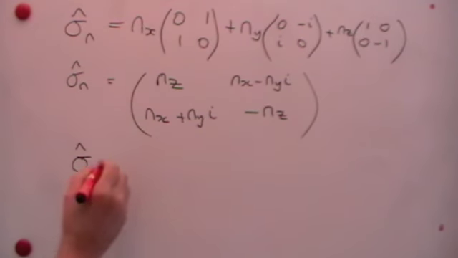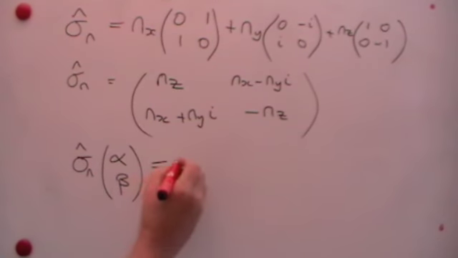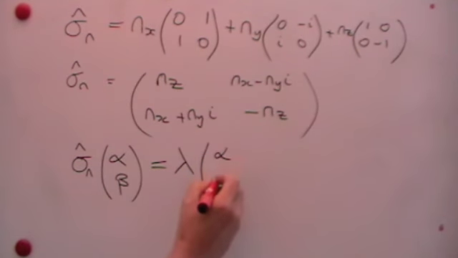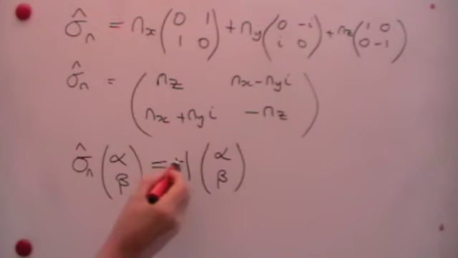And if we act on some eigenvector, which for the moment I will call alpha beta, that will produce an eigenvalue lambda times the same eigenvector alpha beta. And I am going to require, at least, that just as with all the other ones, the eigenvalue is plus 1.